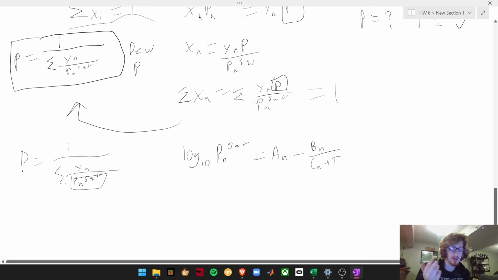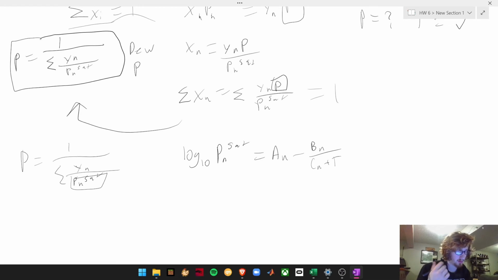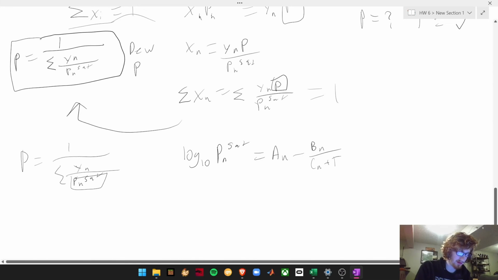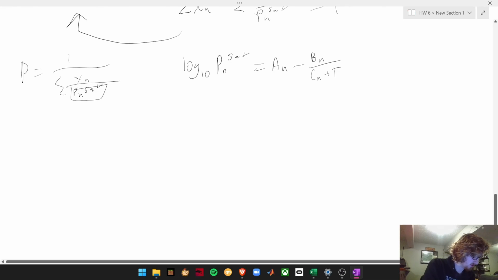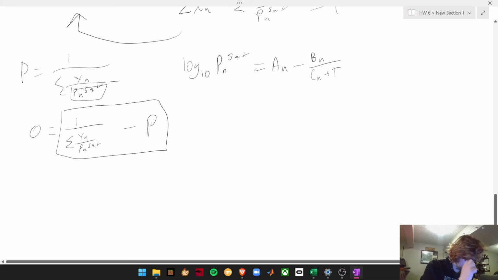And we're going to be using a root solver in Python, and the root solver tries to get the equations that you supply it as close to 0 as possible through a series of guesses and some math I don't quite understand. So basically we're going to be saying 0 is going to be equal to 1 over our sum of y_n over P_n saturation minus our pressure. And this is what we're going to be putting into Python.